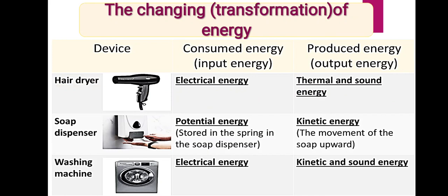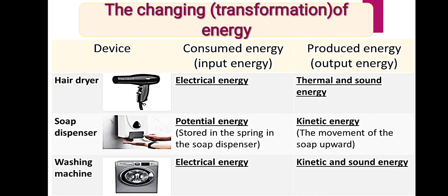I can make it work by electricity. I need electrical energy to make the hair dryer work. So the input energy, what is the meaning of input energy? Input energy means the energy which enters the device and makes it work.